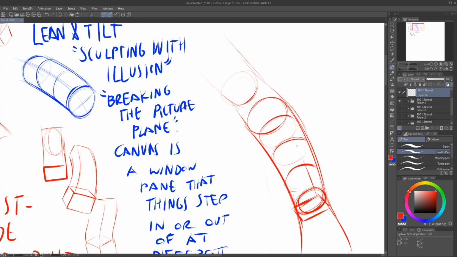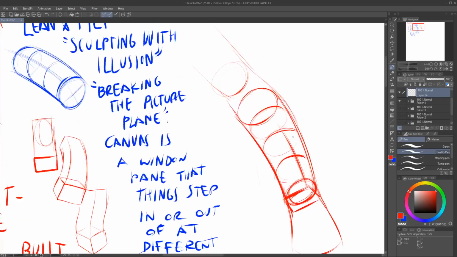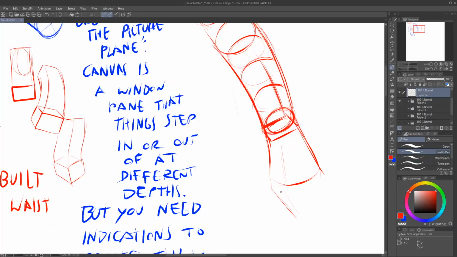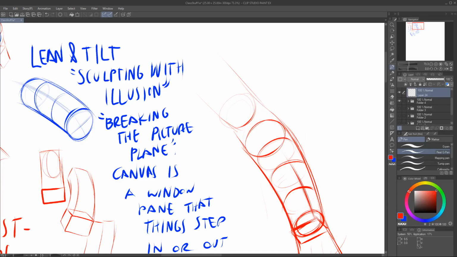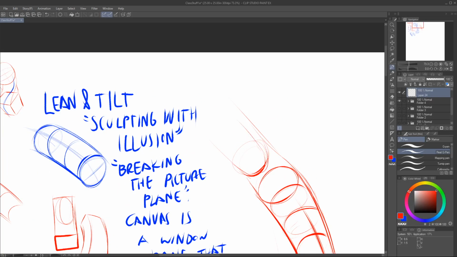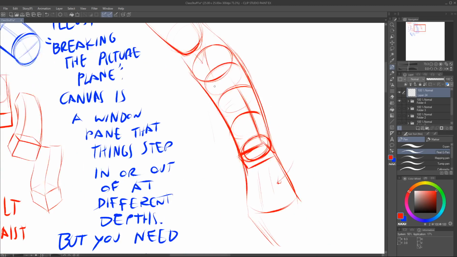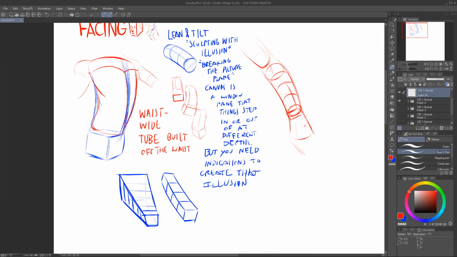Suddenly it becomes a little clearer what direction the arm is. In this case, this is the back of the palm, or the back of the hand, and this is the top of the arm right here. This is the bicep, and kind of the wedge of the arm. So, as you start adding more shapes to it, it becomes a little clearer.